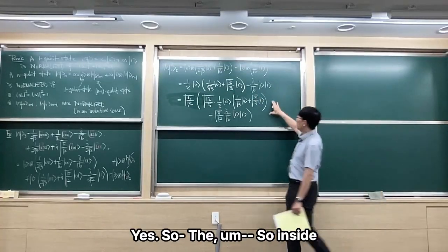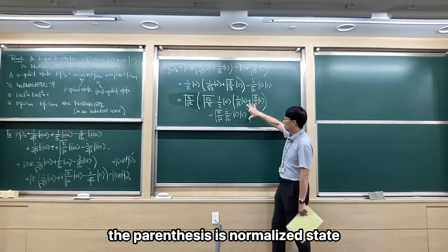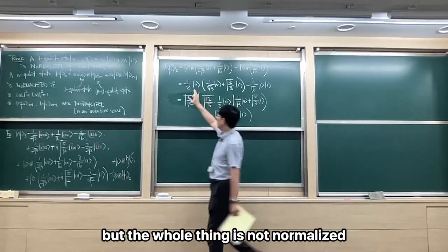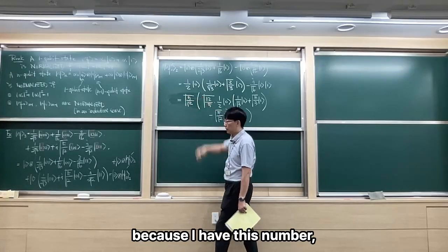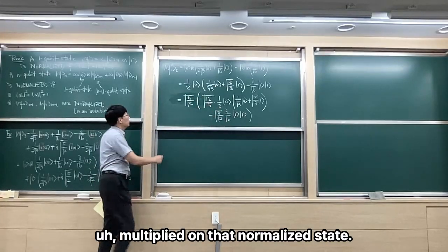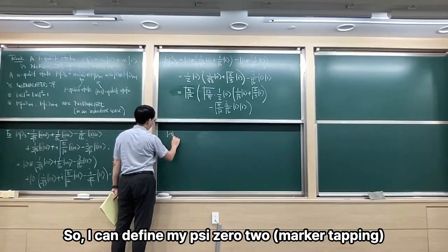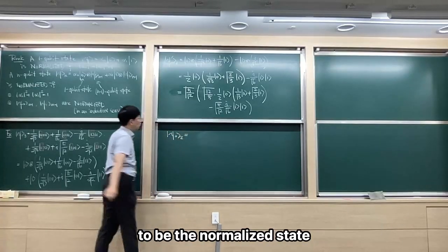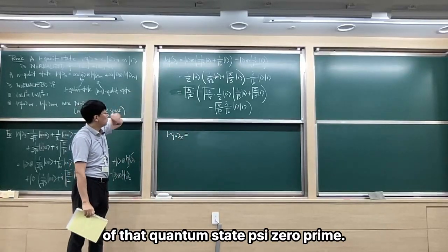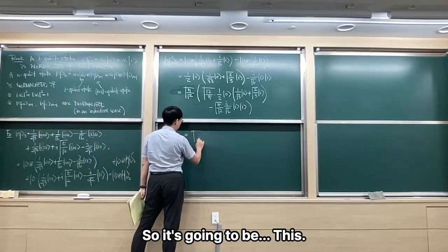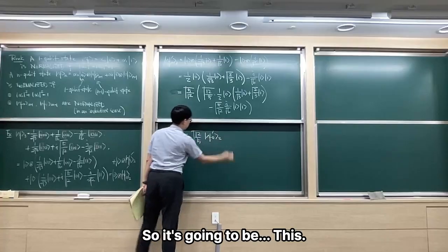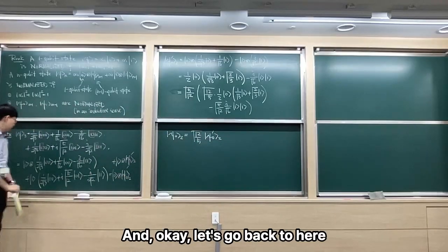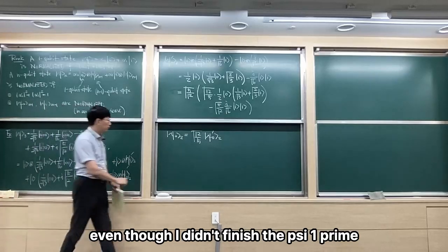So the inside of the parentheses is a normalized state, but the whole thing is not normalized because I have this number multiplied on that normalized state. So I can define my psi 0 to be the normalized version of that quantum state, psi 0 prime. It's going to be this. Let's go back to here, even though I didn't finish the psi 1 and psi 2 prime yet.